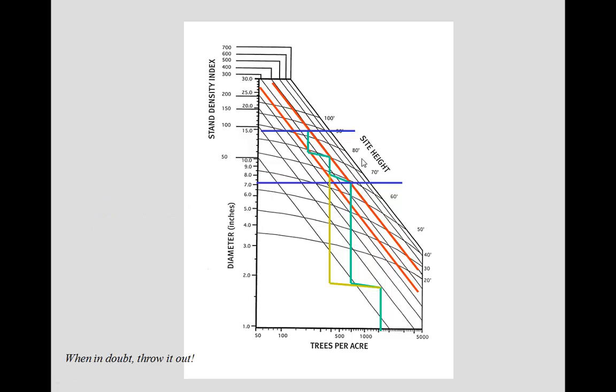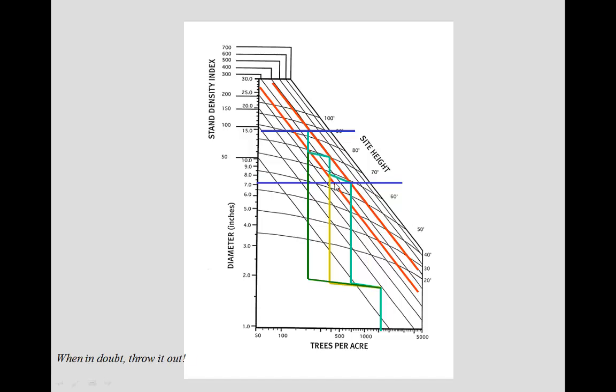Before, when we were doing the calculator method, we went through the issue of we're really happy with that first commercial thinning, and I said, when in doubt, throw it out. Well, we can display that same kind of alternative. I could imagine being in an ID team meeting and talking through some of these alternatives with other resource specialists.